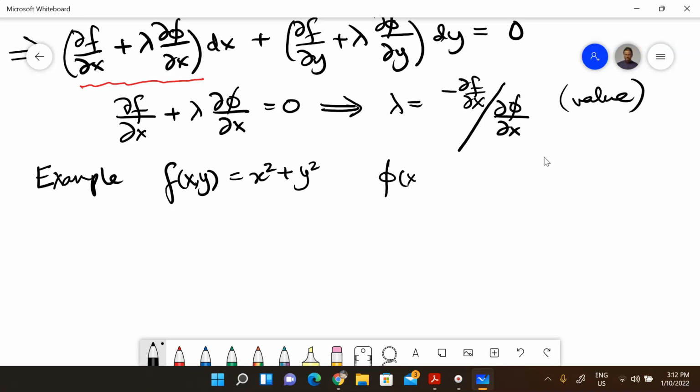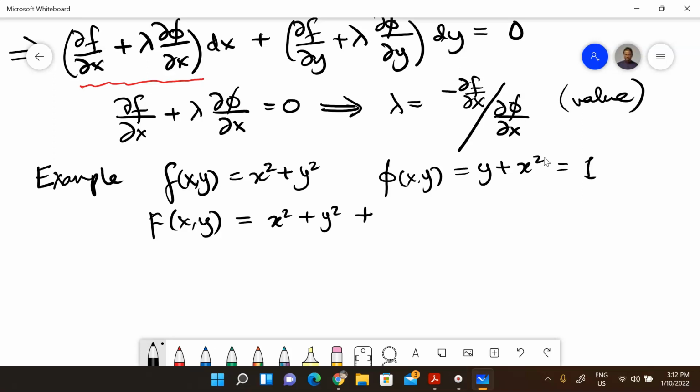And phi of x, y is given by y plus x squared, giving you the curve earlier, which equals a constant, 1. So your capital F is now f plus lambda phi, so you get x squared plus y squared plus lambda times y plus x squared.